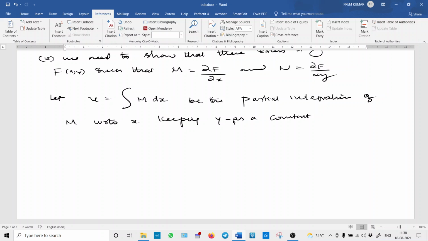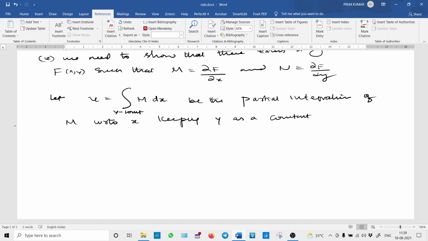So that is the value of u. U is nothing but we integrate M with respect to x, keeping the other variable, that is y, as a constant. You can write here y is a constant. Like this you have to integrate it. That is called partial integration.